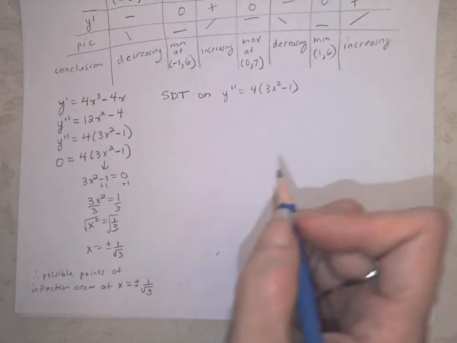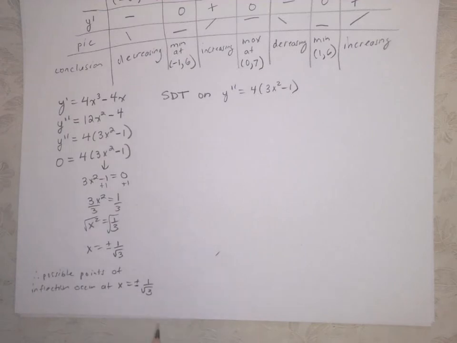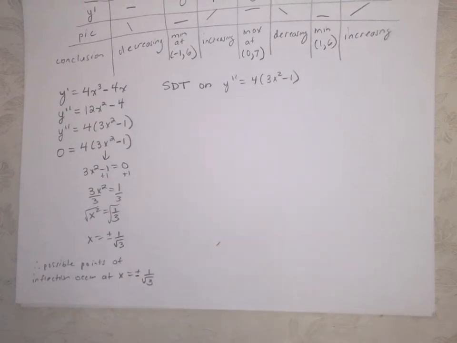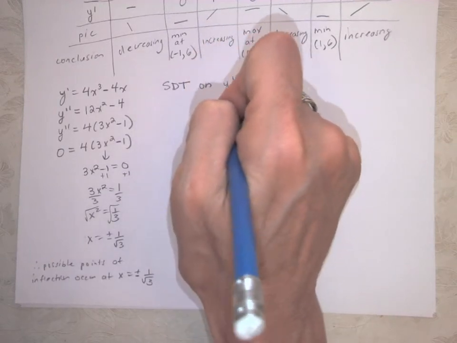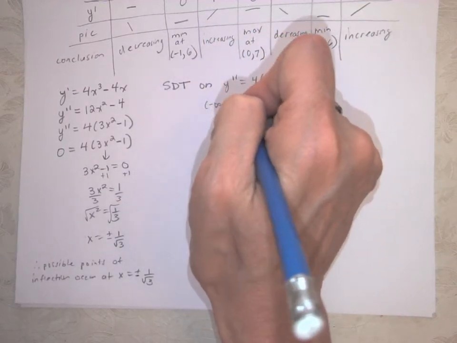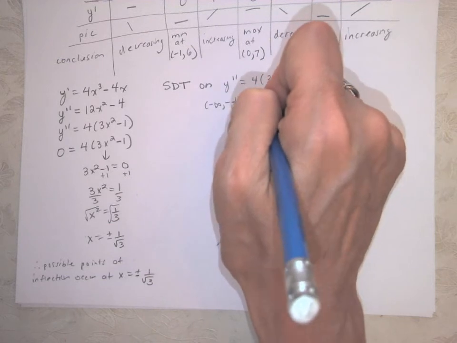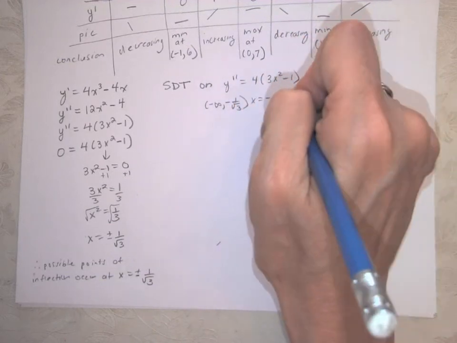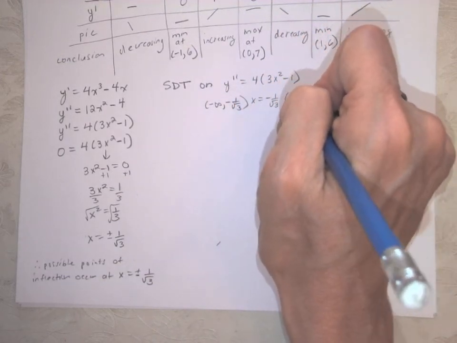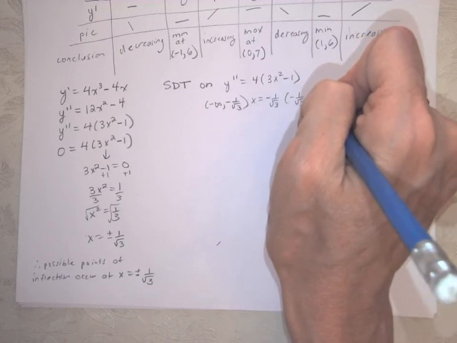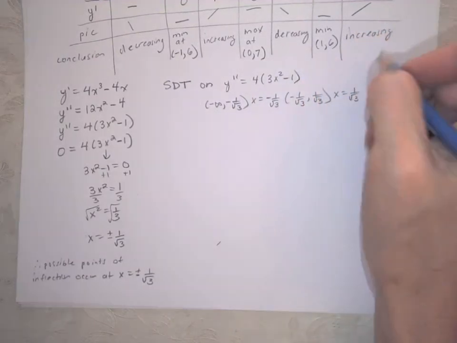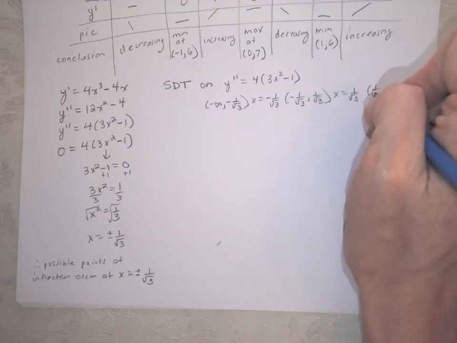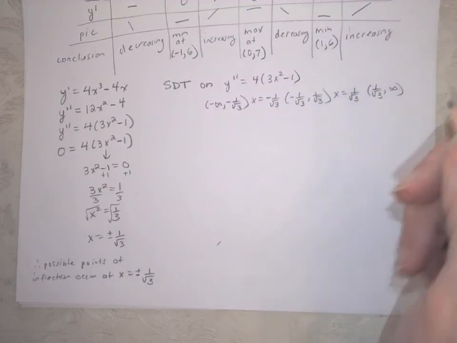And our intervals are going to be based on our possible points of inflection: negative infinity to negative 1 over root 3, negative 1 over root 3 to positive 1 over root 3, and then our last interval is going to be from positive 1 over root 3 to infinity.